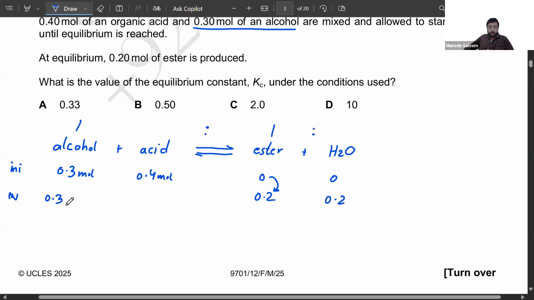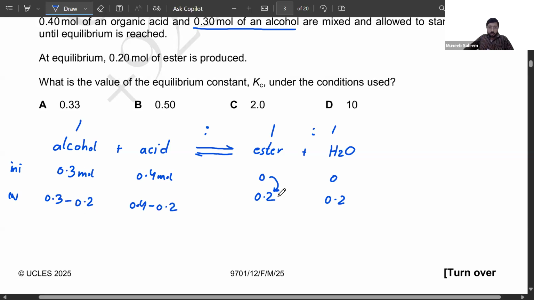One for here, one for here. So we just take similar ratios for the ester or for the water. So 0.3 minus 0.2 moles of the alcohol should be left behind in the equilibrium condition. And similarly for the acid, it should be 0.4 minus 0.2 mole.